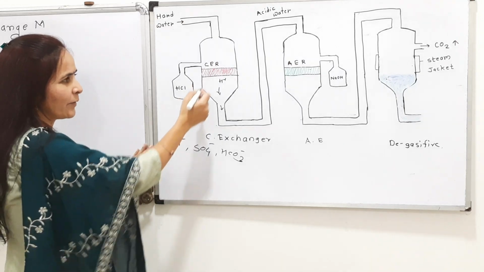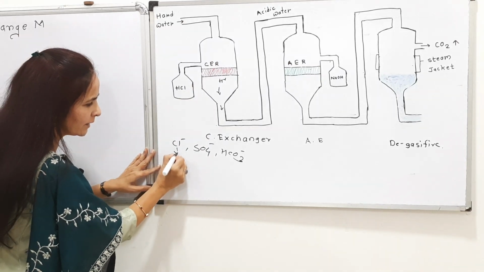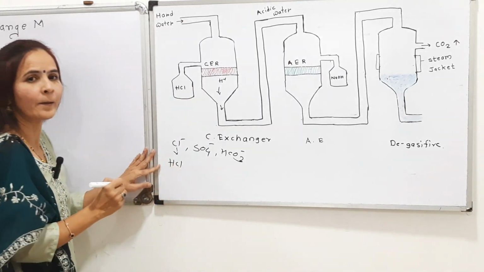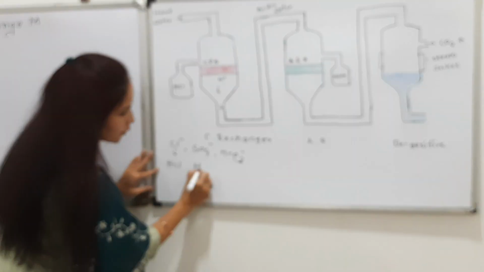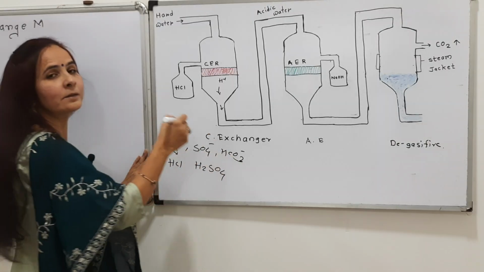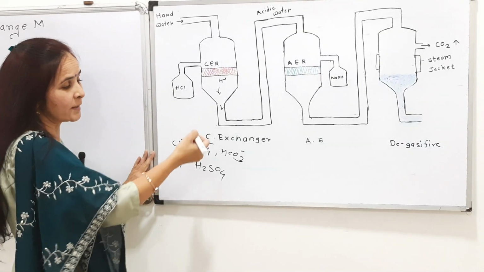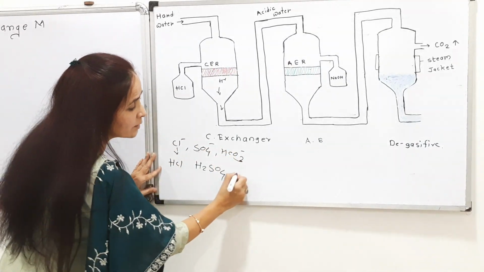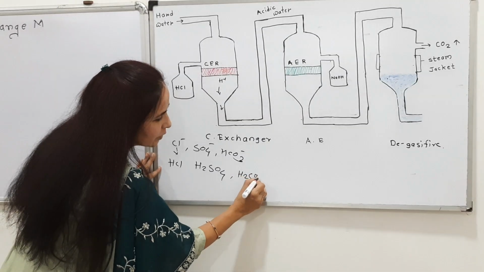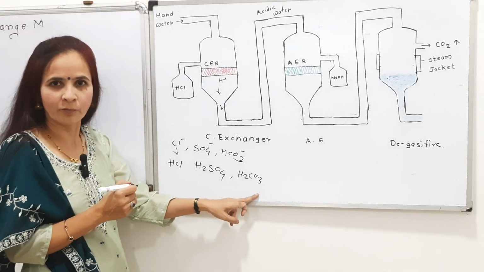Whenever H+ combines with Cl-, HCl is formed. Whenever H+ combines with SO4, it forms H2SO4. And when the released hydrogen reacts with the anion HCO3, H2CO3, that is carbonic acid, is formed.